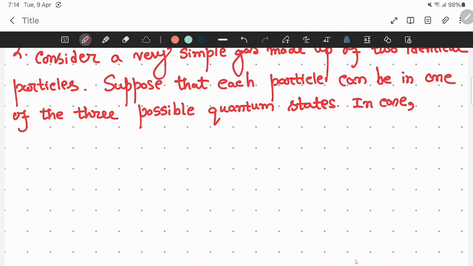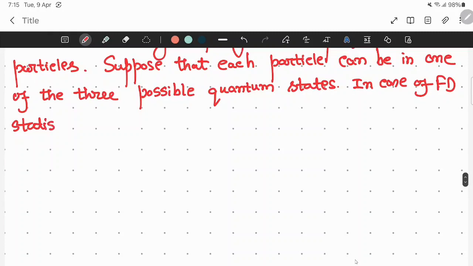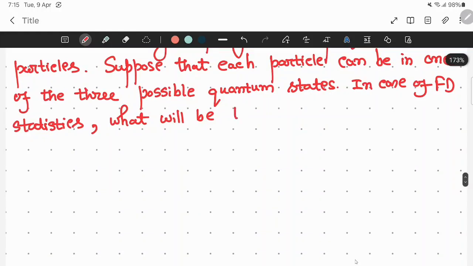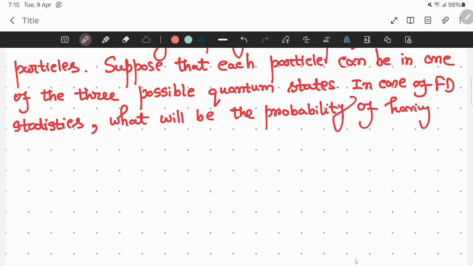In case of FD statistics, what will be the probability of having both particles in the same state?